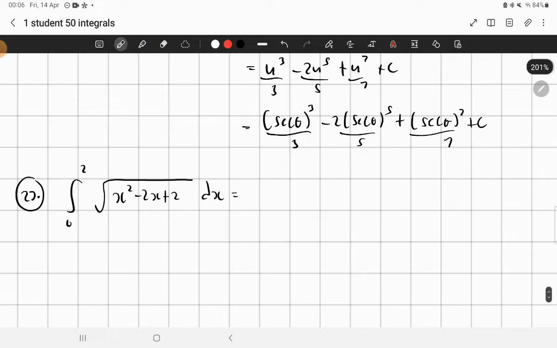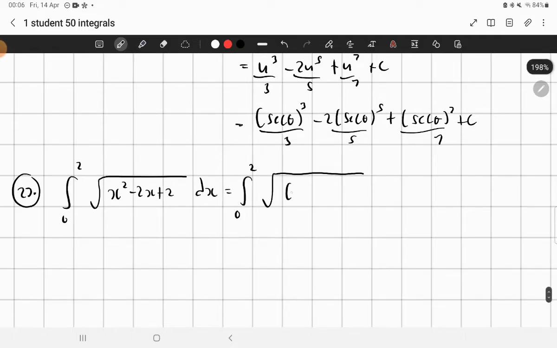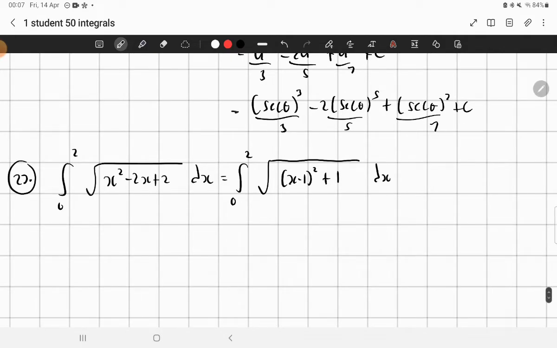So from 0 up to 2, completing the square, it will be x minus 1 squared plus 1. If I expand it again, I should get, that's the answer. So from here, I believe that we have to use u sub, again.